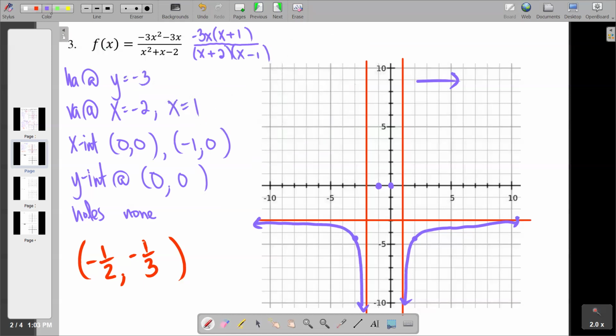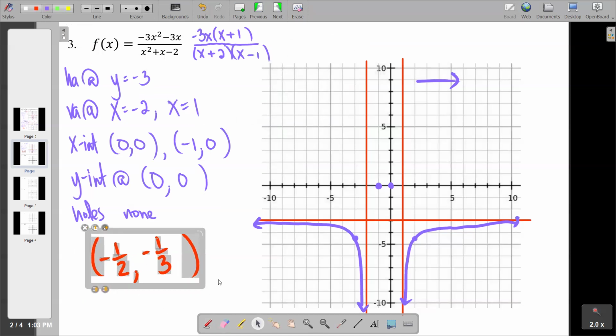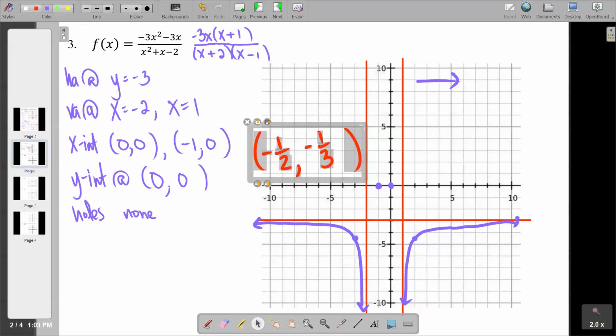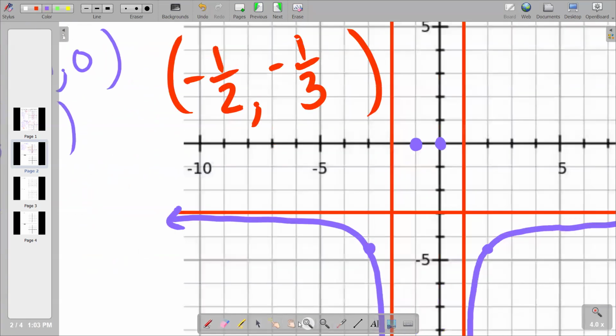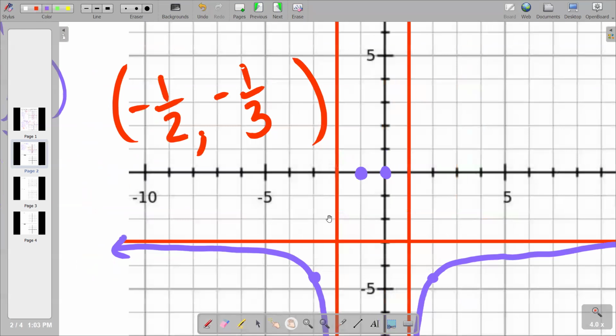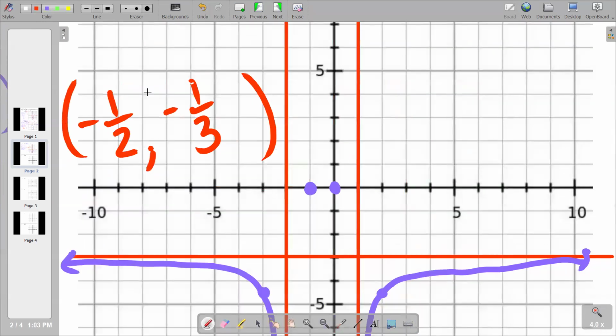I'm going to zoom in just a little bit on the center portion. I'm going to grab this point and move it into my workspace so when I zoom in, I don't lose it. As I go into the center a little bit tighter, that means that there is a point that is left 1/2 and down 1/3, which is right about here. And that tells us everything we need to know.